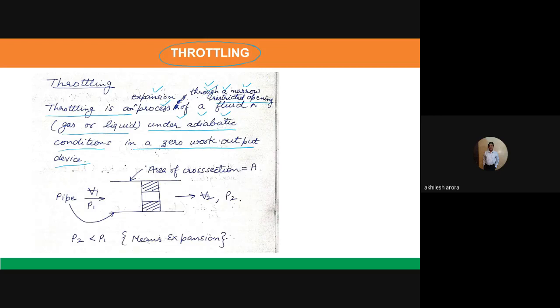Okay, so once again I will read this definition. Throttling is an expansion process of a fluid, which is either gas or liquid, through a narrow restricted opening under adiabatic conditions in a zero work output device. So let us try to understand it term by term.